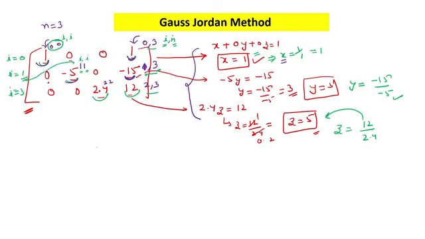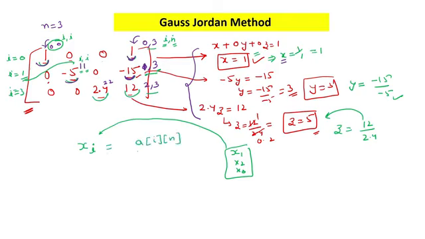So in simple sense, whenever we are finding the value of x, let's say xi. I will say x1, x2 and x3 are my unknown values. If I generalize this, the value of the unknown will be xi equal to a of I n upon a of I I, where I can range from 0, 1 to n minus 1.